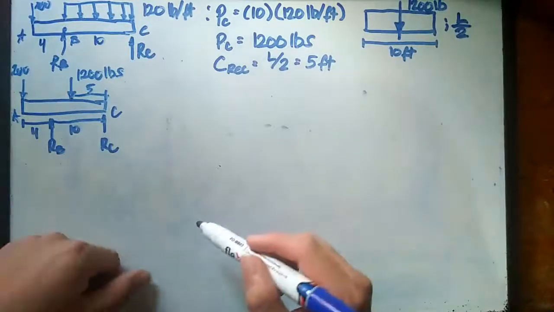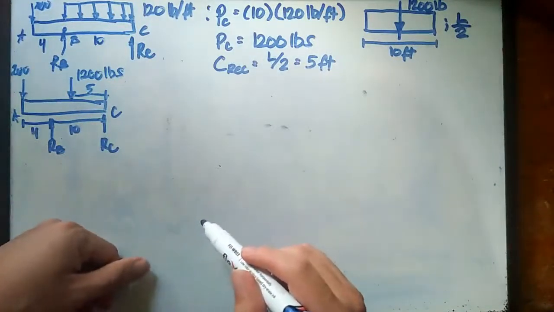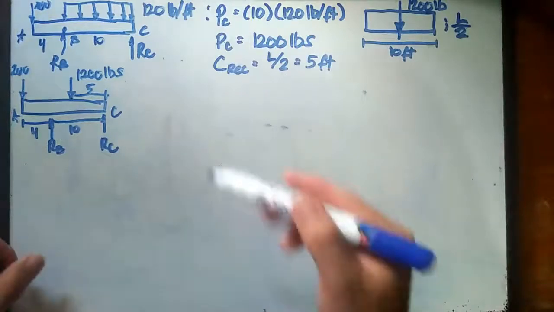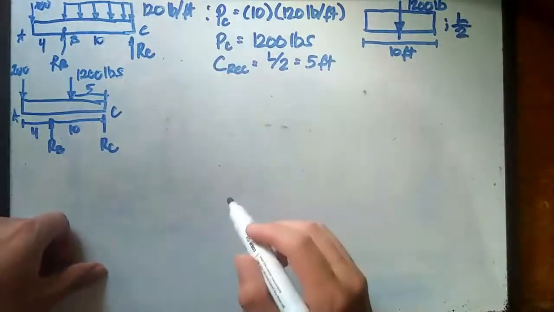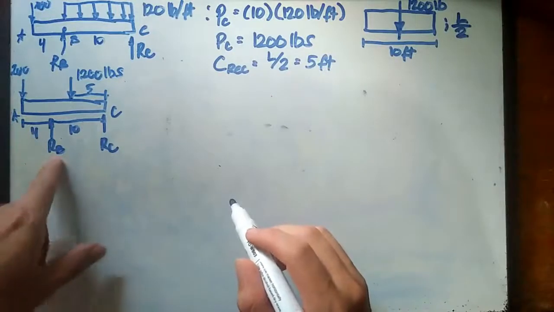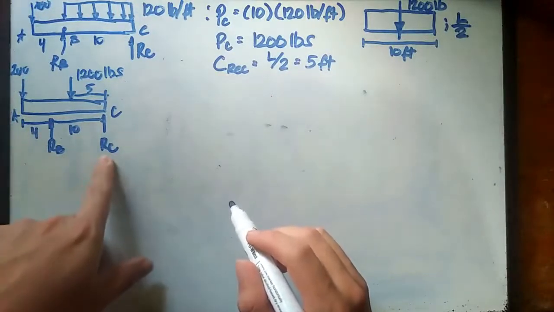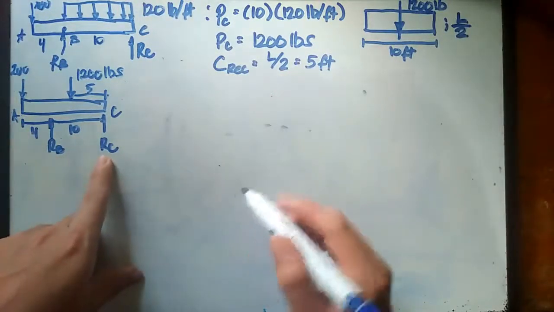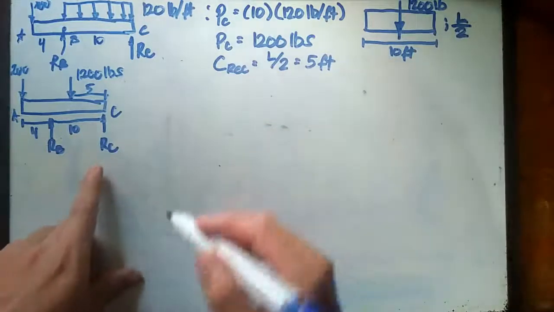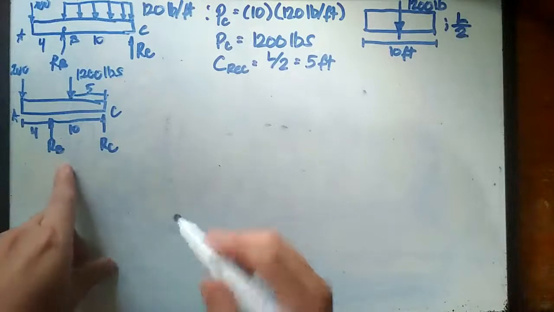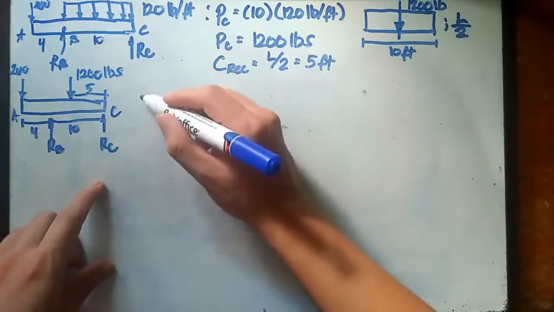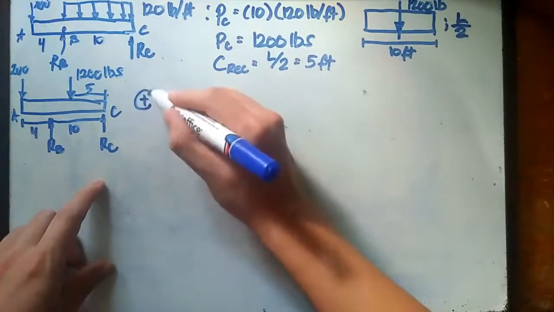So now we can simply use the summation of moments from this step. Let's apply the summation of moments, and if you want, you can start here at point B, or you can start here at point C. It depends on where you are comfortable. But for me, I'm going to use the summation of moments at point B. So rotating clockwise is positive.